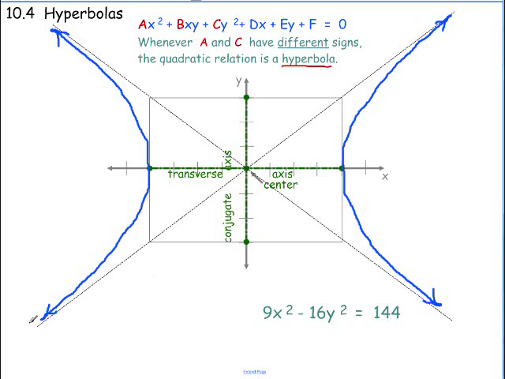Let's look at all the components. The main thing we see is that we've got a discontinuous graph here. We've got one branch over there, and we've got another branch over here.